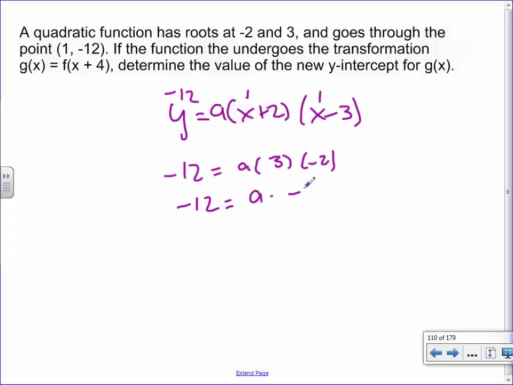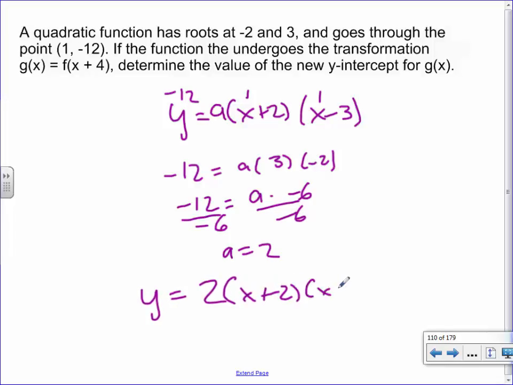Let me know if I lose you. Finding out that a is 2. Okay, so it means I have a function y equals 2(x + 2)(x - 3).